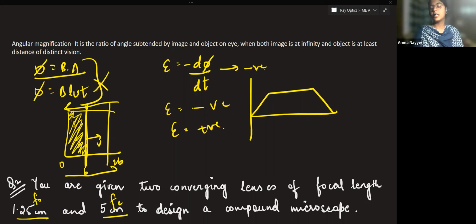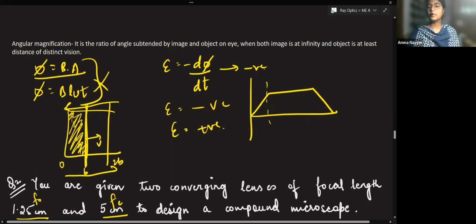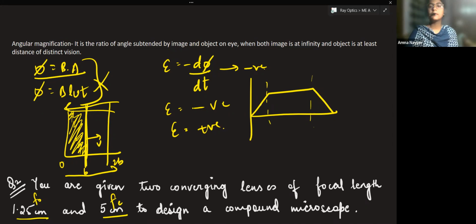So here what will happen? Initially you have the graph like this because slope is constant positive. This is the graph for your magnetic flux. Why? Initially, from 0 to B, you have constant magnetic field lines. Then it starts moving in this region. From 0 it starts, so it increased.